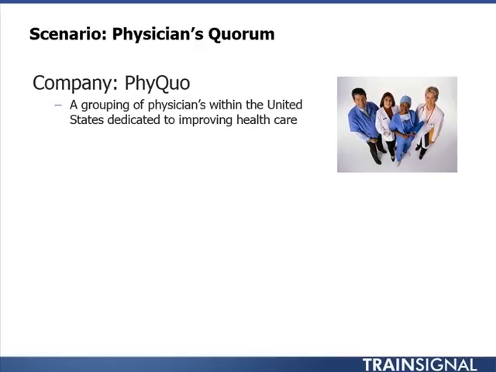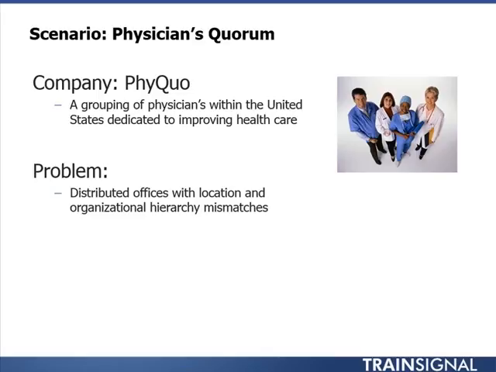To put our mind in the game, the scenario that we're going to be looking into is a company called Physicians Quorum. So our company, Exchange, is going to be helping them. Their company, shortened to PIQO, is a grouping of physicians within the United States dedicated to improving healthcare. Now, their problem is they have distributed offices with location and organizational hierarchy mismatches.